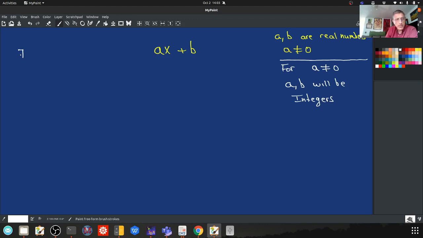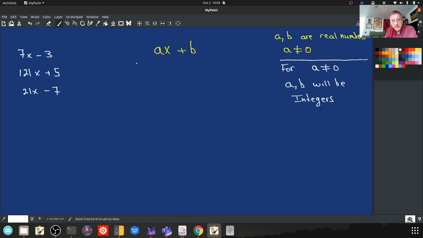For example, 7x minus 3 is a degree 1 polynomial. 121x plus 5 is a degree 1 polynomial. 21x minus 7, all of these are degree 1 polynomials.